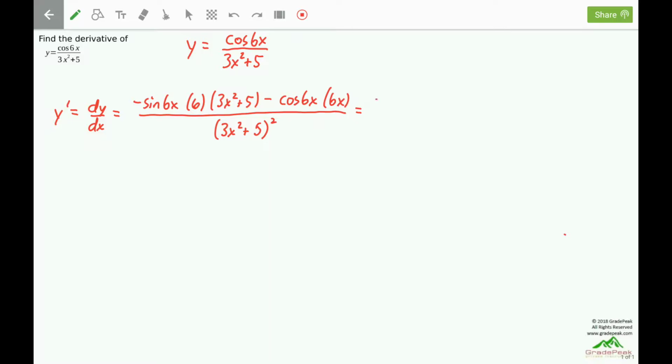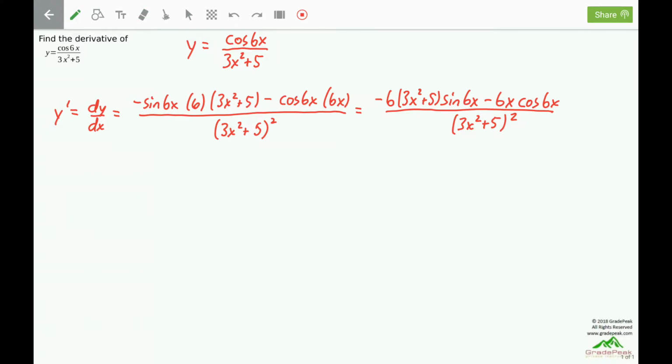So I'm going to have negative 6 times 3x squared plus 5 times the sine of 6x, and then minus 6x cosine of 6x, all over 3x squared plus 5 quantity squared.